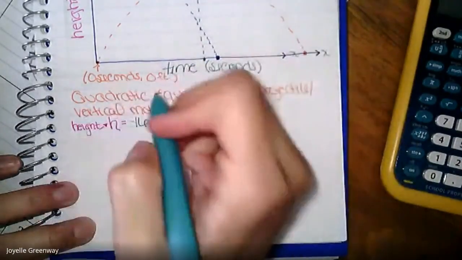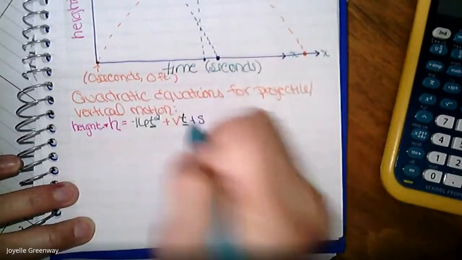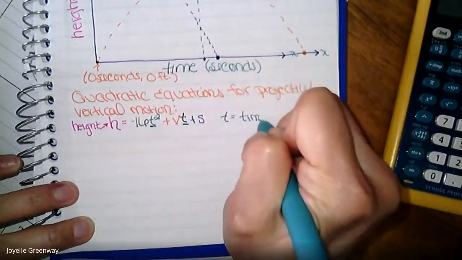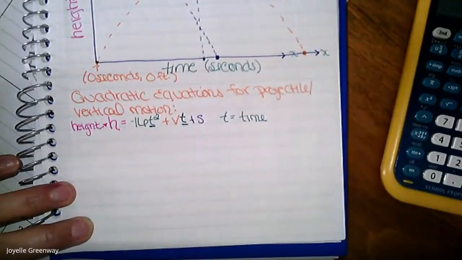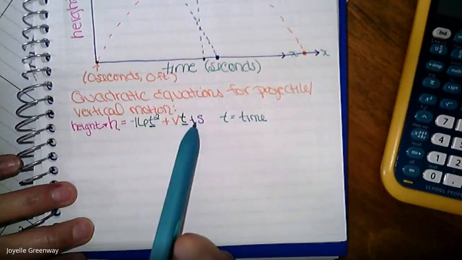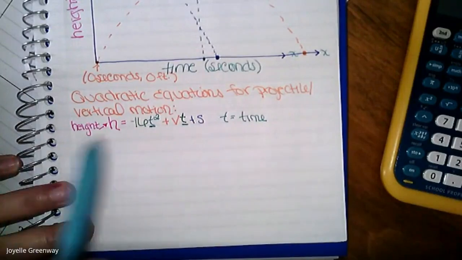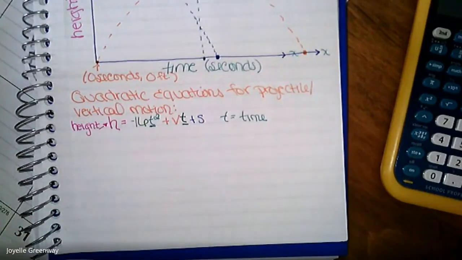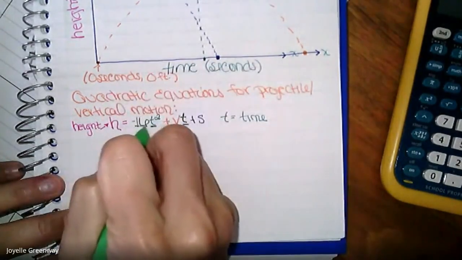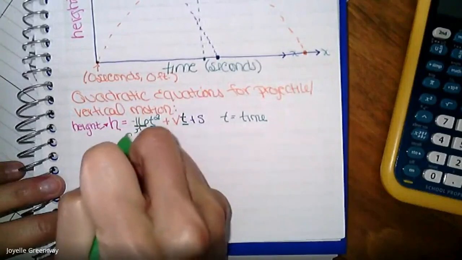Your T, the T represents time. Okay? So this is like ax squared plus bx plus c. So the negative 16 is taking into account your gravity.